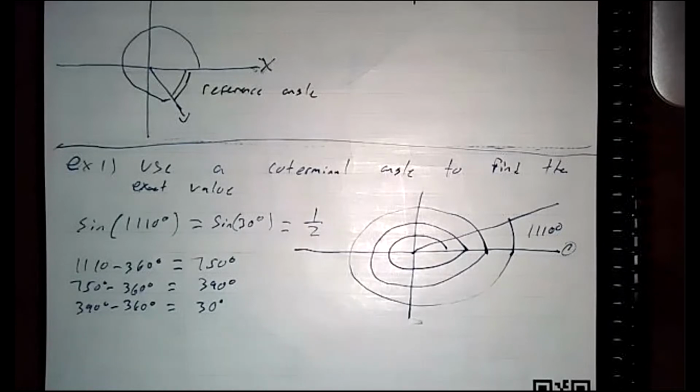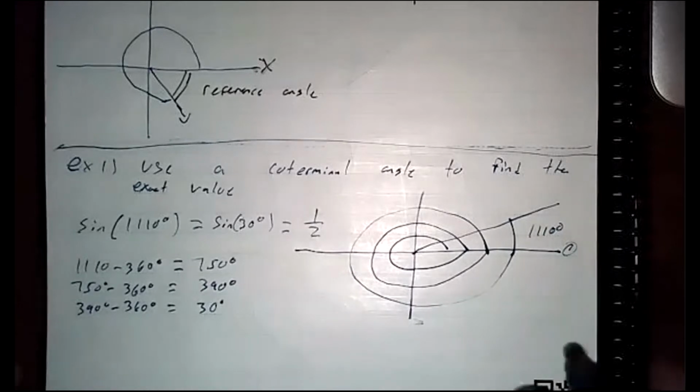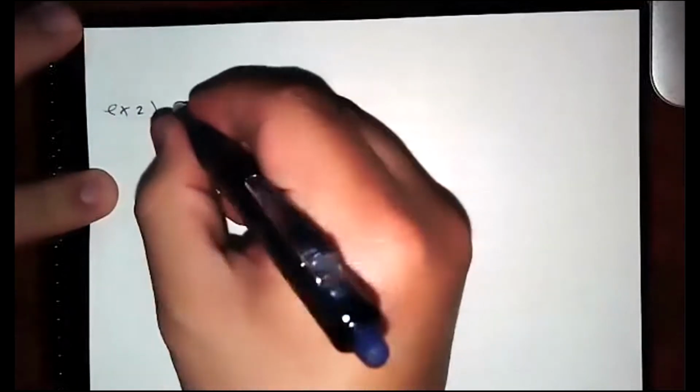You guys cool on number 1? I'm going to do a different one. There's not always going to be degrees, so they'll try to trip you up on the homework by giving you an angle that is in radians, and those are harder to subtract because they're fractions, right? Use a coterminal angle.